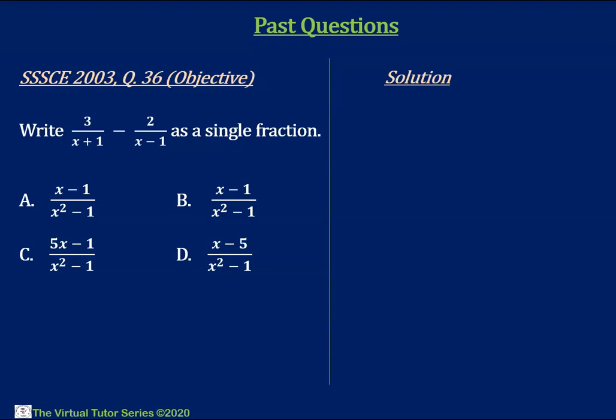We have 3 over x plus 1 minus 2 over x minus 1. The LCM of the denominators is the difference of two squares, x squared minus 1.